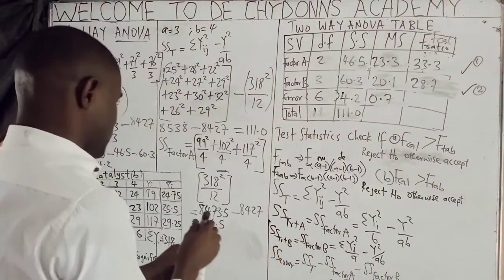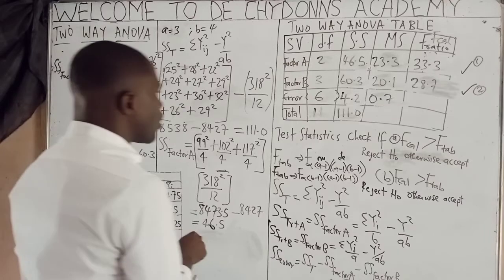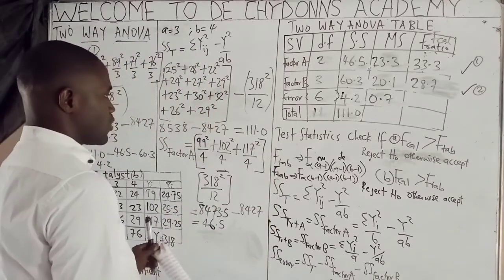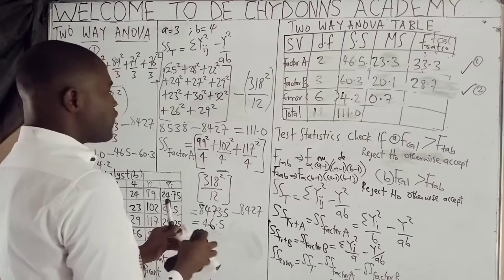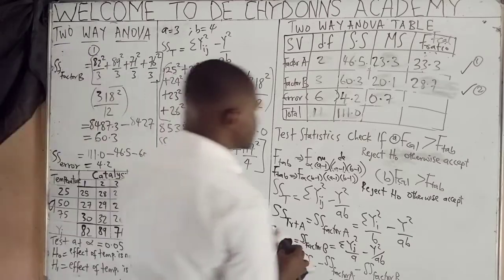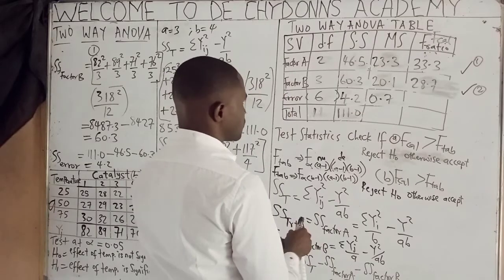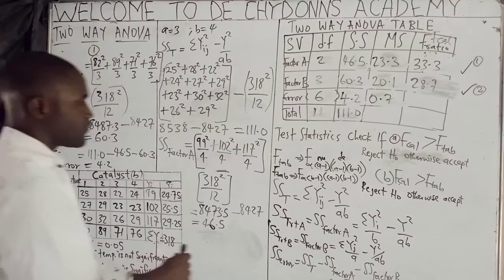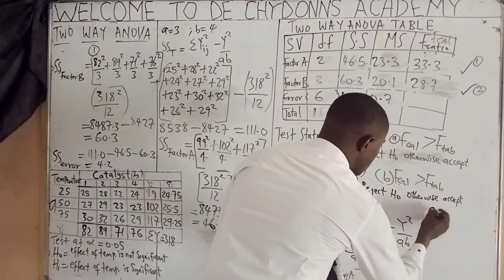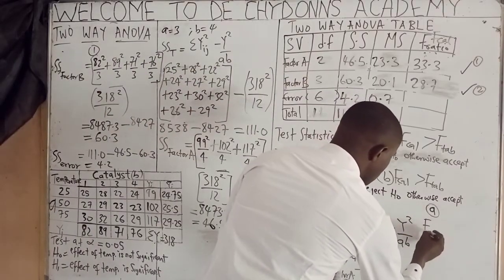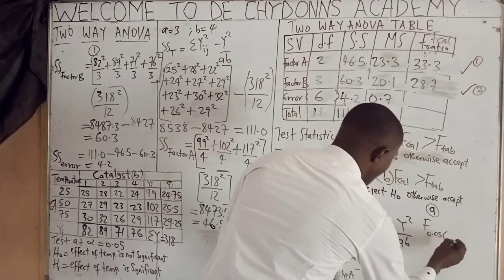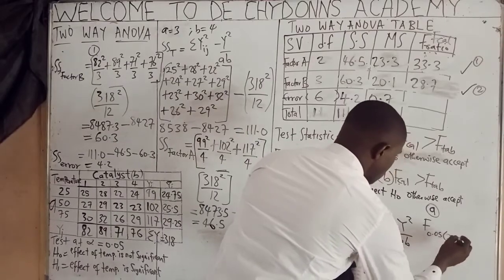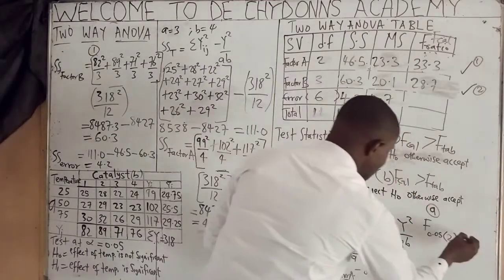Now you come to the test statistics to conclude your result. Before you conclude your result, you must get your F star. They said taking alpha to be 0.05. So for the first conclusion, you check it under F 0.05 bracket 2, 6.